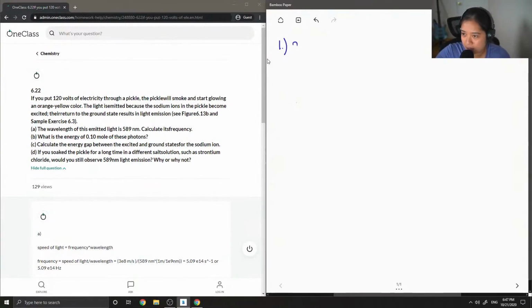So let's try to answer part A. The wavelength of this emitted light is 589 nanometers. So let me just write that down. And then from here, I'm going to convert from nanometers to meters, and I'll explain why in a bit.